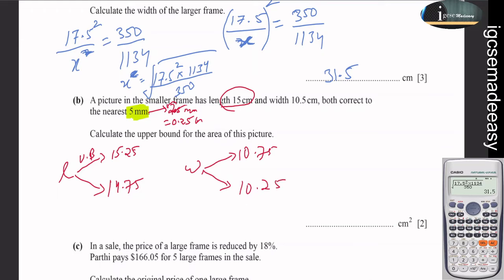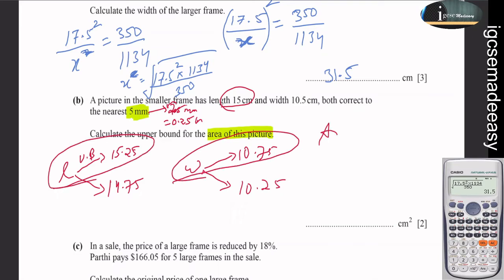Now we have to find out the area of the picture. Area is length into breadth, length into width, right? So if we multiply the upper bound length and the upper bound width, we'll get the area. So upper bound length is 15.25 into width is 10.75.